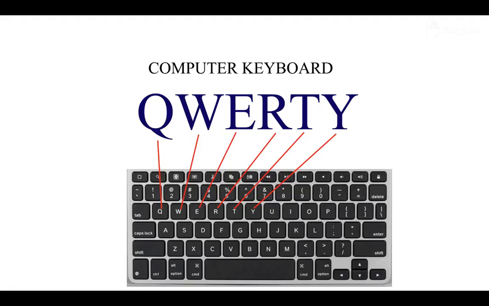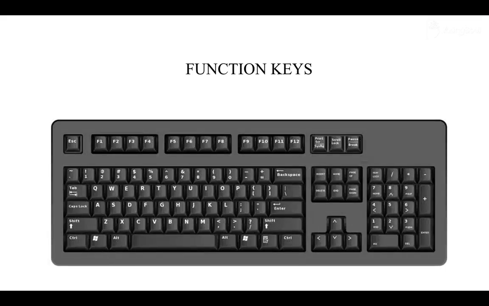To make the discussion easier and interesting, we will divide the keys on the keyboard into the following major headings. Function keys. Any of the 10 or more keys labeled F1, F2, F3, and so on, that are placed along the left side or across the top of the keyboard and are used for special tasks by the different programs.